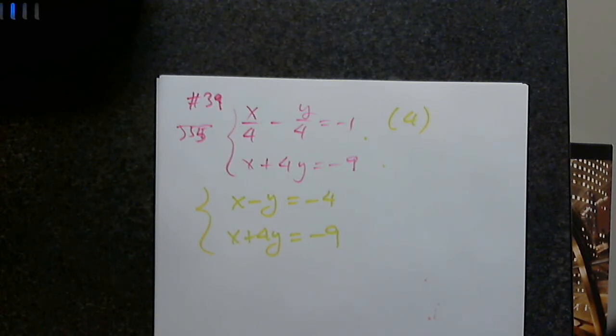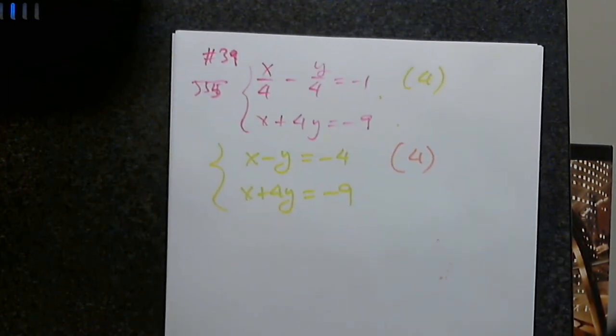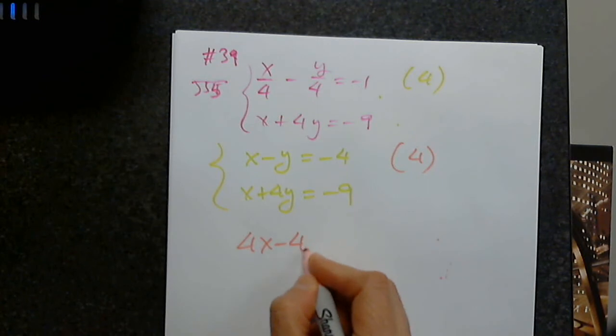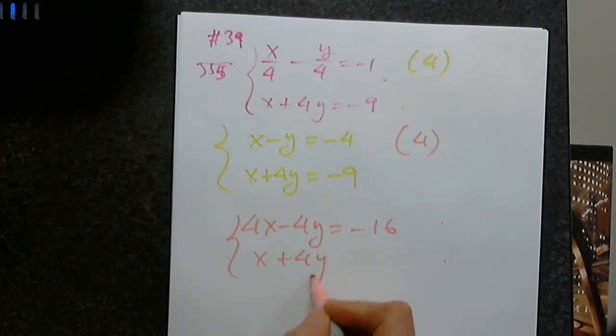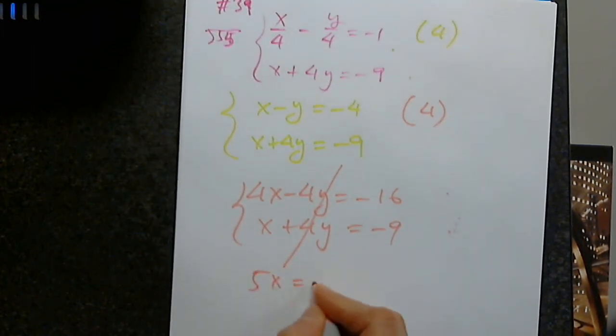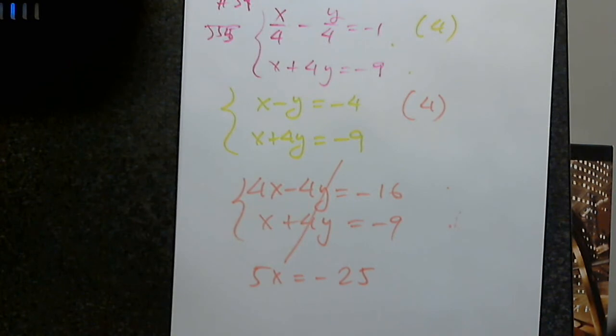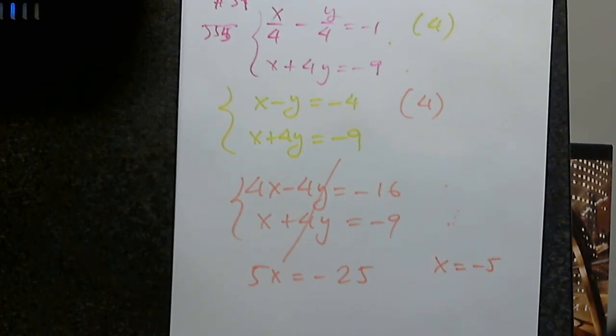So I have 4x minus 4y equals negative 16, and x plus 4y equals negative 9. So then I have 5x equals negative 25, and x equals negative 5.